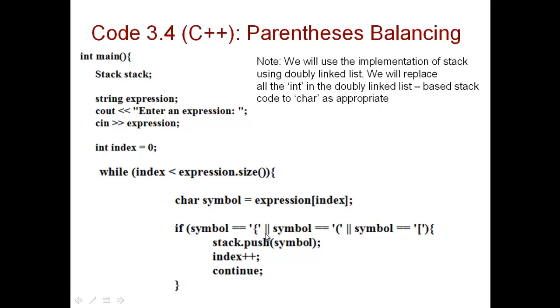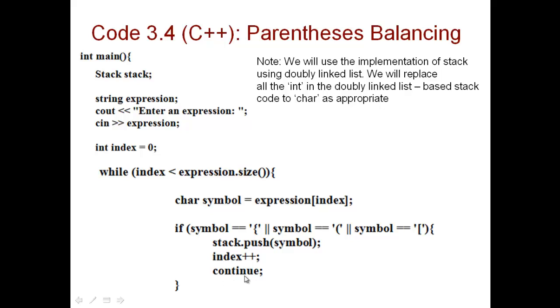These are the three possible open parenthesis symbols, either this curly brace, or this brace like this, or a square bracket like this. Okay. So if my current value of symbol is any of these three open parenthesis symbols, I push it to the stack. And I increment my index and I continue.